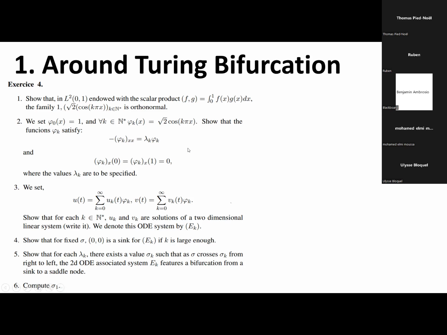And for this specific linear system, we can see that there exist some values of sigma such that when sigma crosses the value sigma_k, we lose stability because the sinks become saddles, and so a stable point becomes unstable.